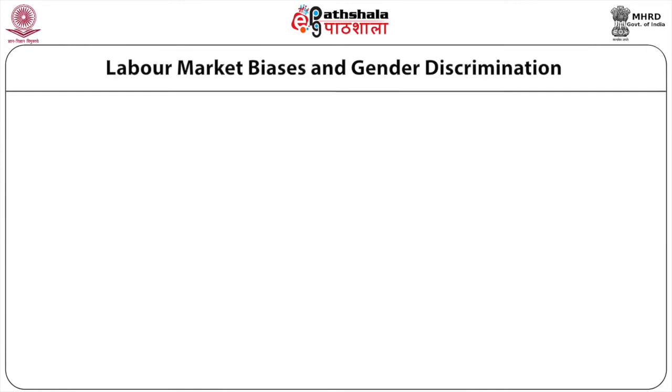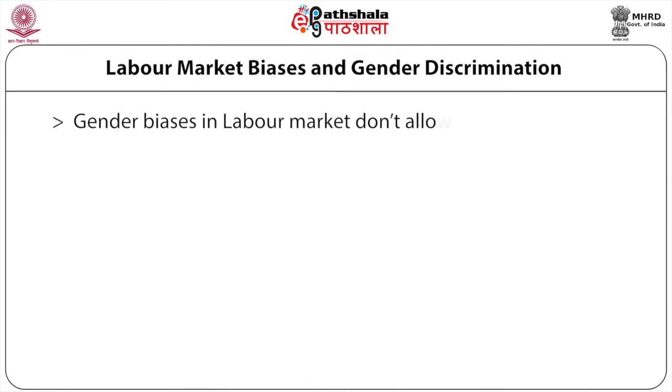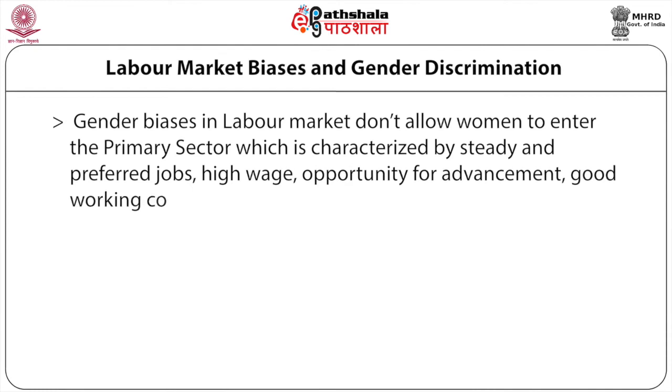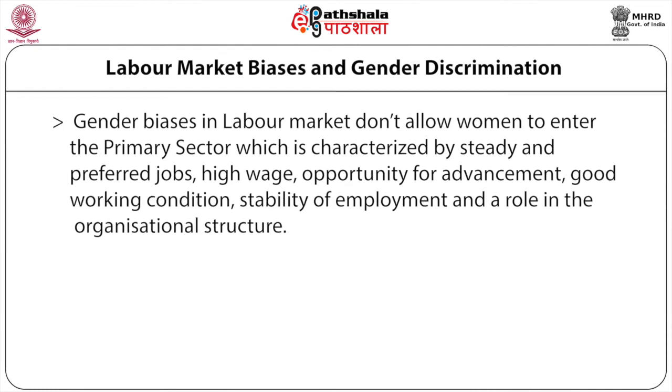Still, labor market biases and gender discrimination are rampant in the country. Gender biases in the labor markets don't allow women to enter the primary sector, which is characterized by steady and preferred jobs, high wages, opportunity for advancement, good working conditions, stability of employment and a role in organizational structure.